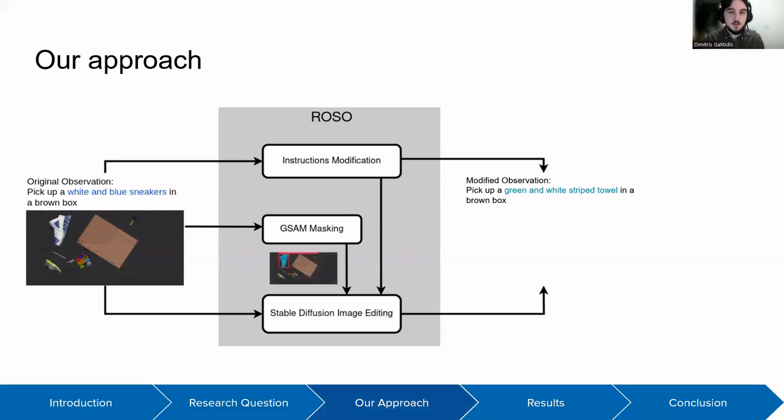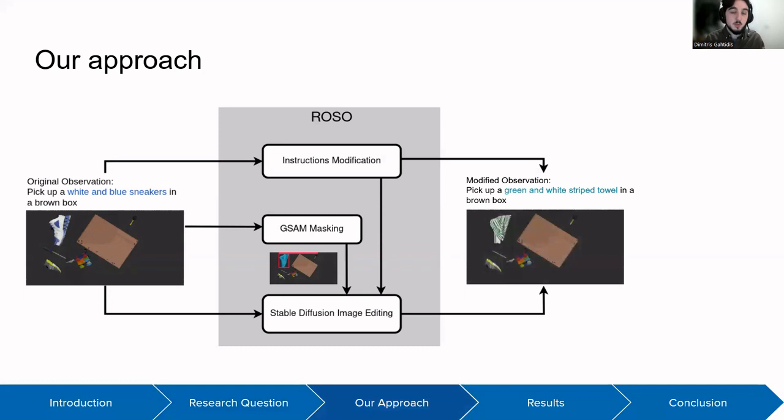GSAM then identifies the original object, segments it, and masks it, and we use that information through Stable Diffusion to inpaint the new object into the scene. In this case, we have replaced the white and blue sneakers with a green and white striped towel. We're hoping that through this modification, the Clipboard policy will perform better than it did before.